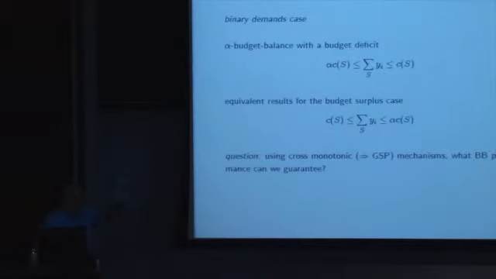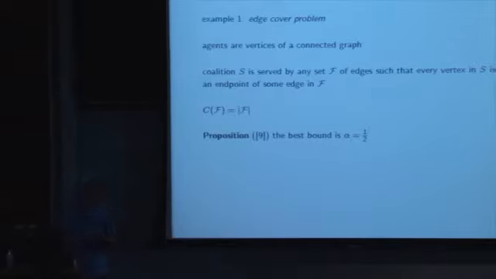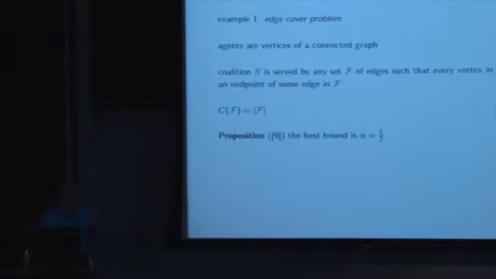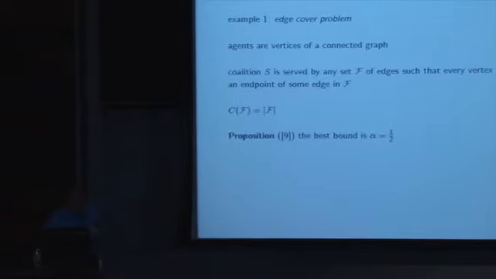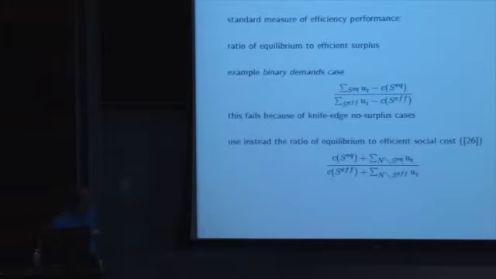Therefore, you preserve the strong incentive properties, but you lose a little bit of budget balance, and you can get as far as 50% of the budget balance. You recover at least 50% of the cost. Or you have a deficit which is at most twice the cost. It's not so bad. Then in other problems, like set cover, there are other bounds.